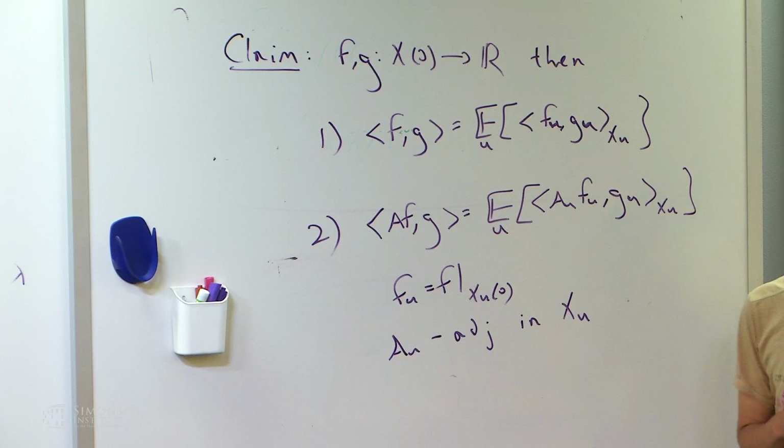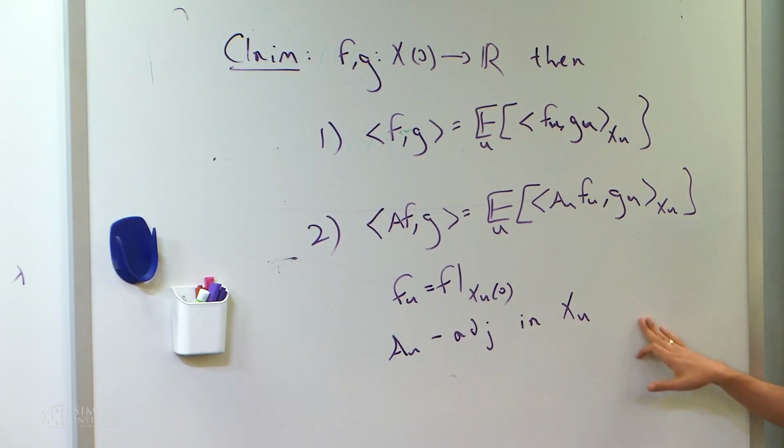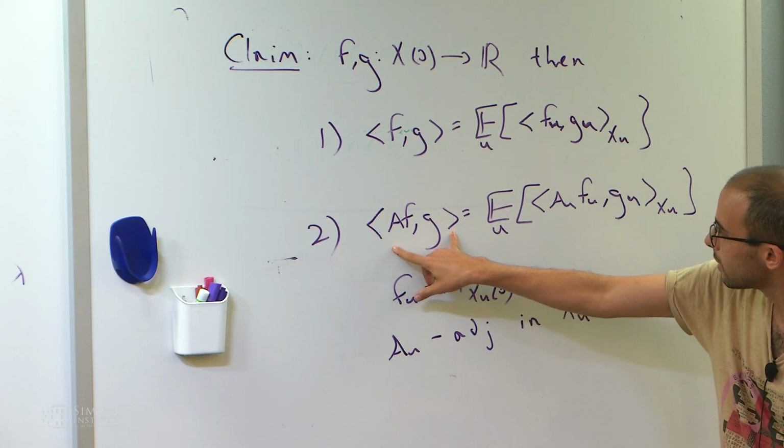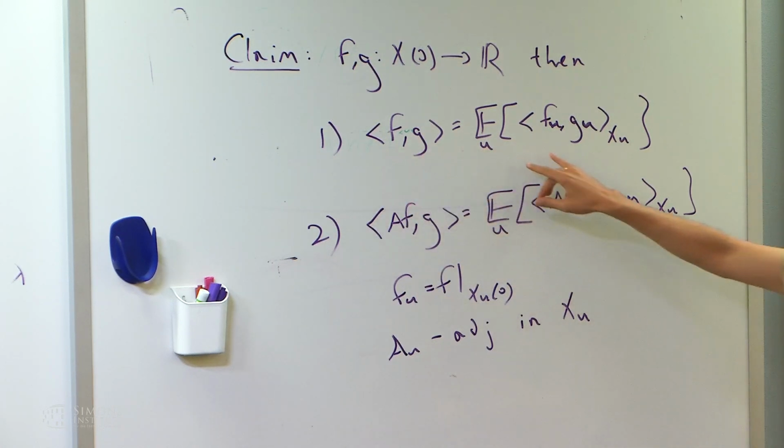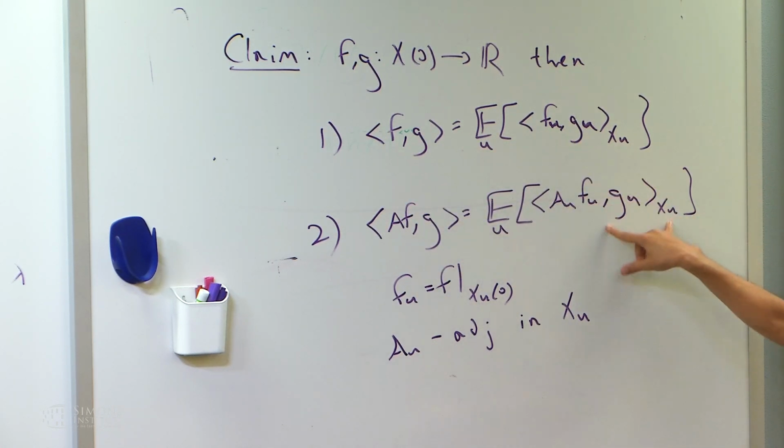So it's a very good question, and in fact, the fact that we are looking at a simplicial complex will allow us to calculate this global adjacency operator, this global inner product, as a convex combination of the local inner products inside the links. So let's see why this is true.